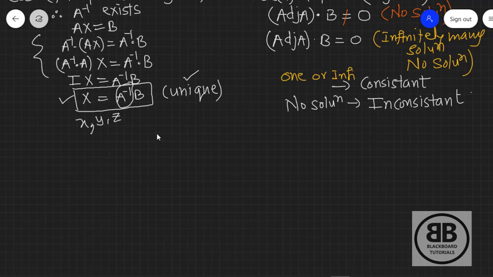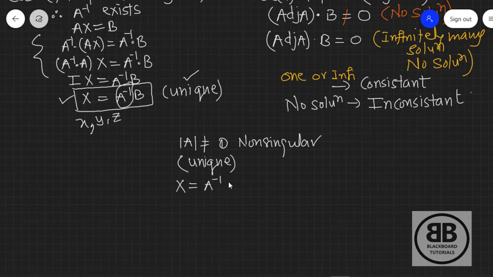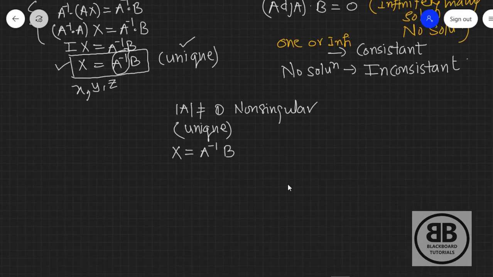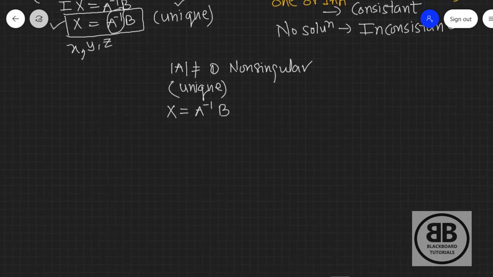If the coefficient matrix is non-singular, then the system has a unique solution, and that unique solution is given by x = A inverse of B.